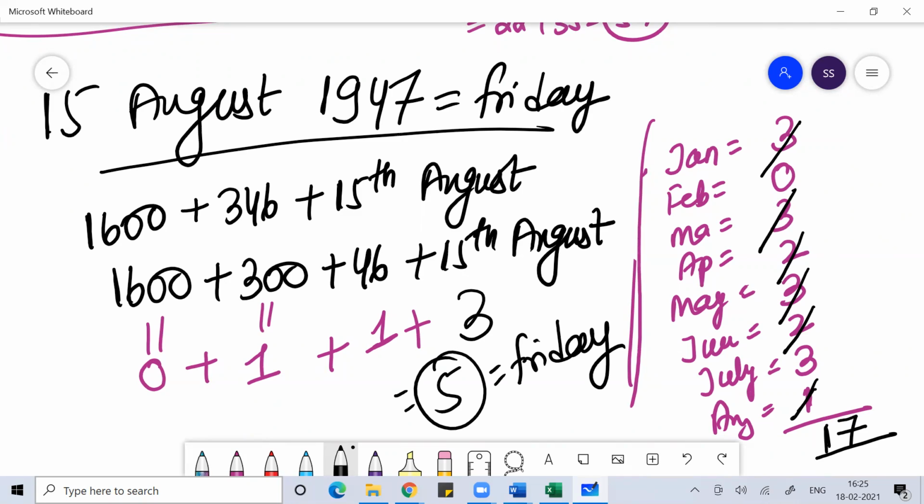Anyone, any doubt? So you can solve this by shortcut also if you want.